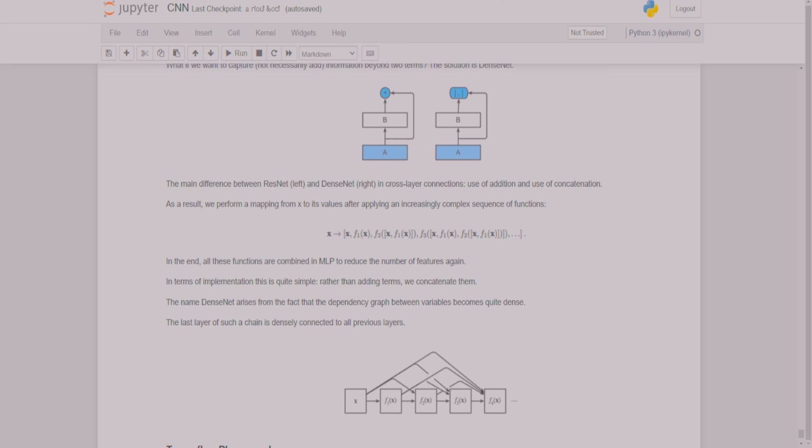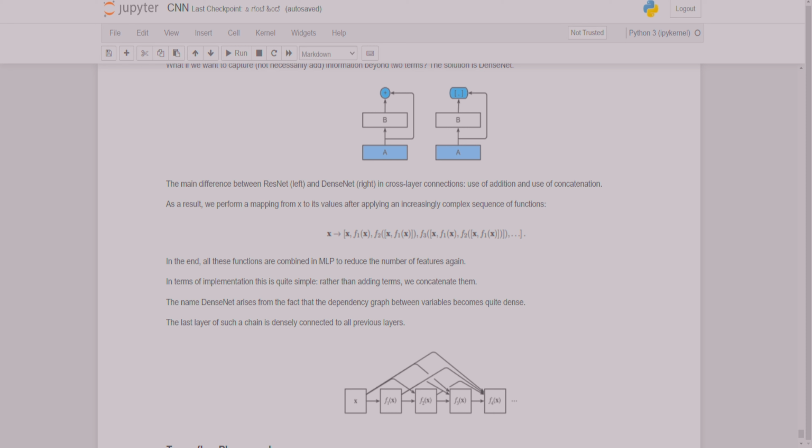Just see, x goes as input to the last one, x goes as input to the previous one, x goes as input to this. At the same time, x goes as an input to this, so this is calculated. Now you see the connection for the second one: it takes this as well as the previous one, so two inputs. Look at the third block. The third block takes how many inputs?